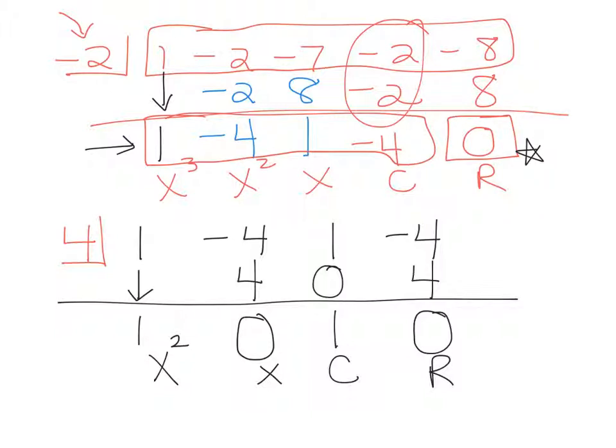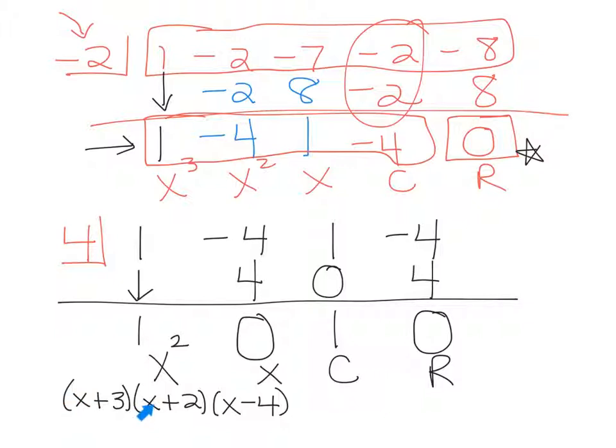So when I go to write this polynomial in factored form, we've already determined that x plus 3 and x plus 2 and x minus 4 are factors because negative 3 was a 0 for this factor right here.